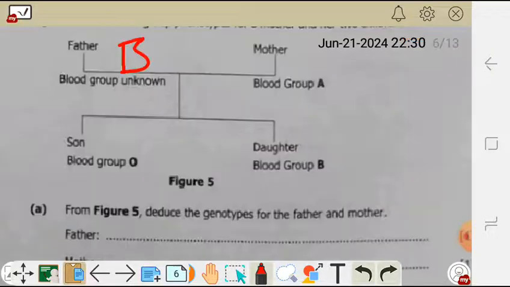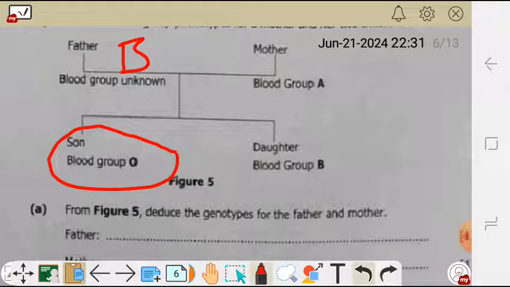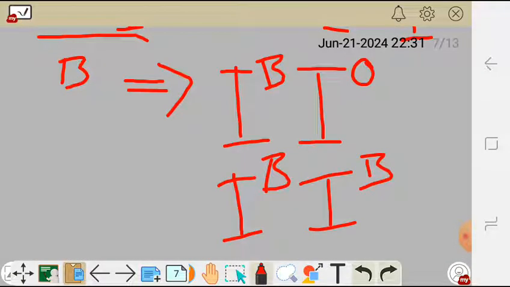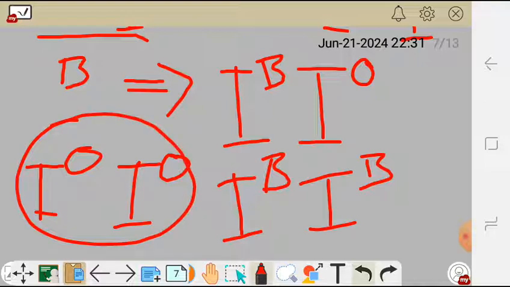Now this father and this mother produced a son with blood group O. For you to produce blood group O, you can only be carriers. The only possible genotype for blood group O is OO, like this.